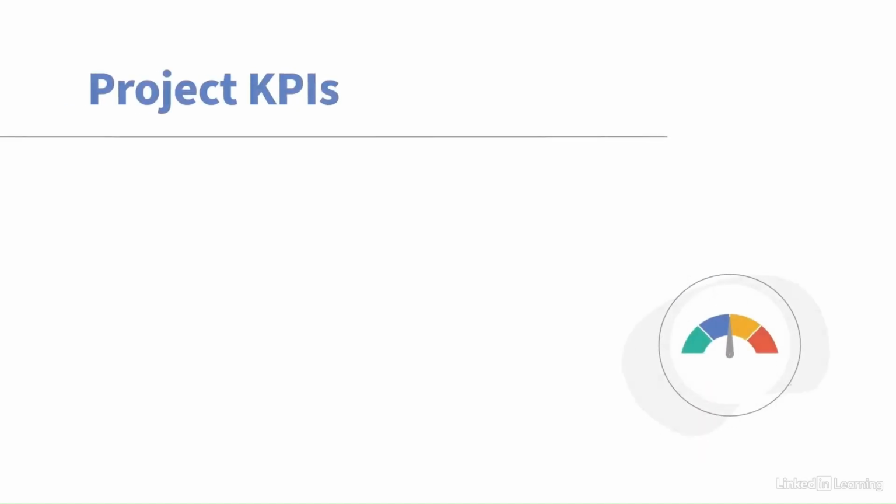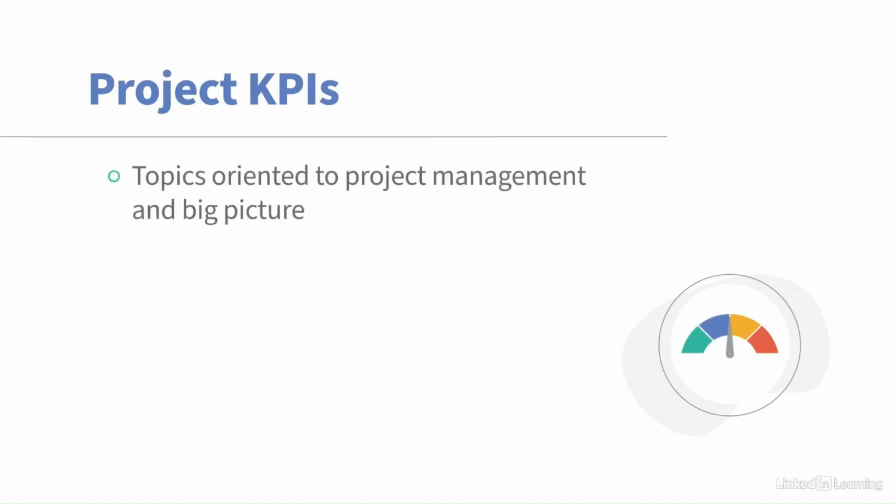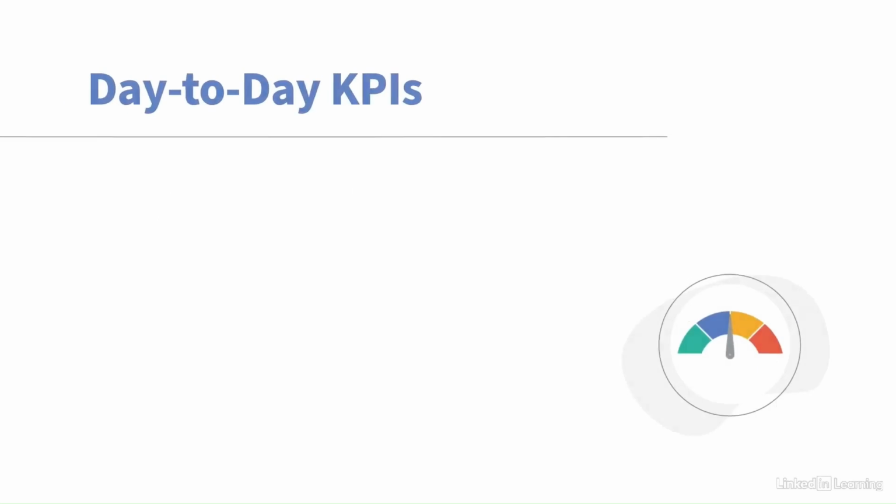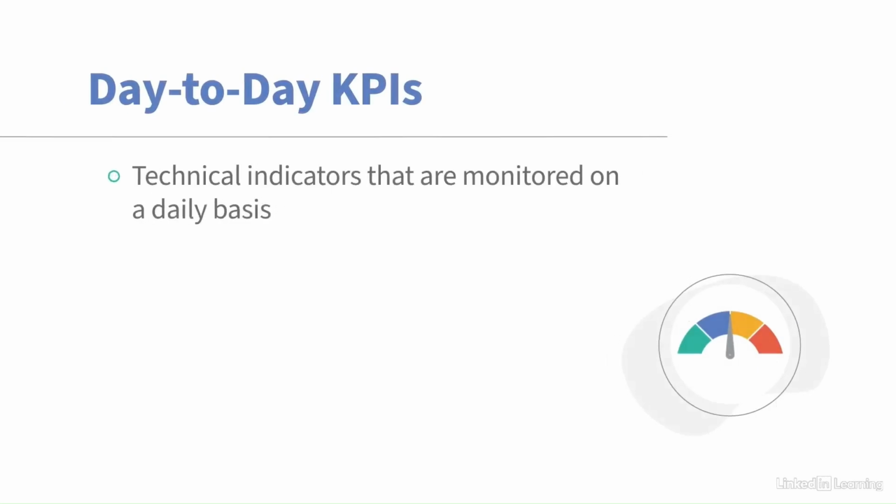Usually there are two types of KPIs that you need to look at. The project KPIs, that's usually oriented towards the bigger project, towards the management, towards the business. And then there are the day-to-day KPIs. These are usually more technical, for the implementation directly, and also for the monitoring that you need to implement during operations later.